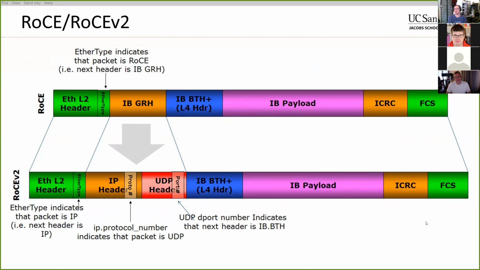So the InfiniBand VCRCs are not used for RoCE or RoCE v2. And then presumably you may have some padding bytes in between the ICRC and the FCS for small frames. I think the headers are small enough that you might need a few padding bytes. Not sure off the top of my head, but presumably you may need to insert a few.